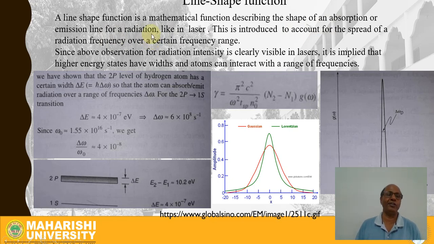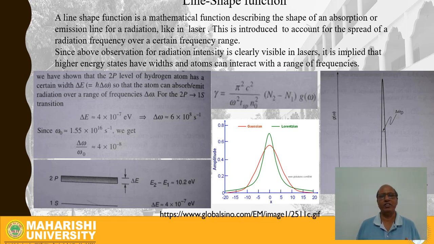In a laser, first the stimulated absorption takes place, and then emission takes place, whether it is a spontaneous emission explained by Einstein's coefficient of spontaneous emission, or a stimulated emission explained by Einstein's coefficient of stimulated emission.